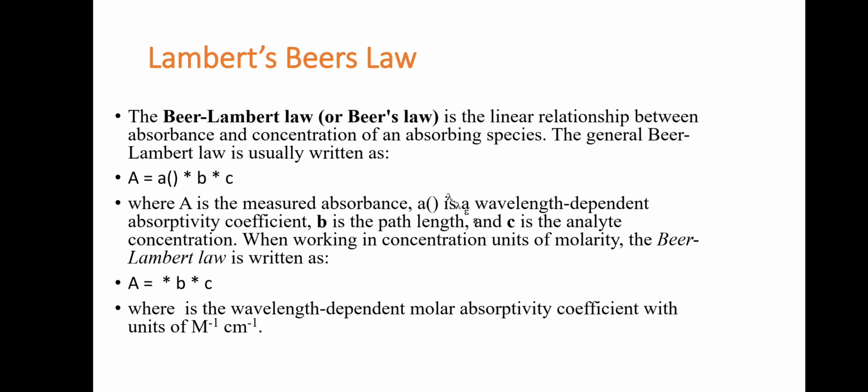The general Beer-Lambert law is usually written as A equals a lambda times b times c, where A is the measured absorbance, small a lambda is a wavelength dependent absorptivity coefficient, b is the path length, and c is the analyte concentration.